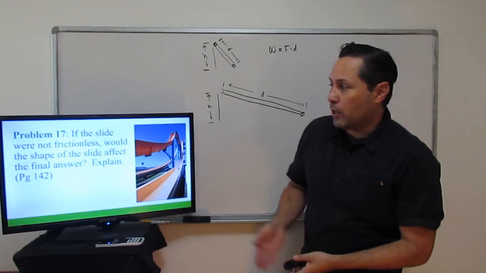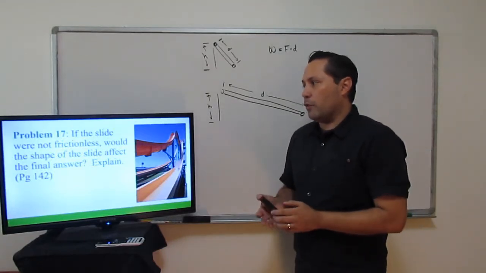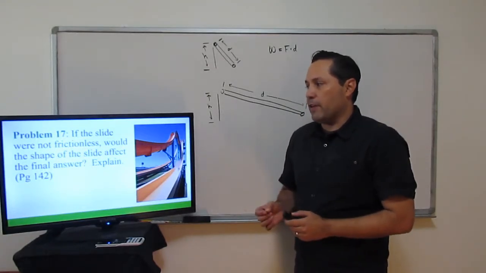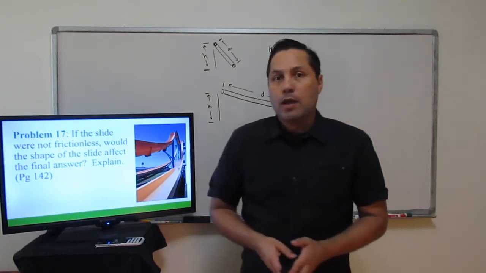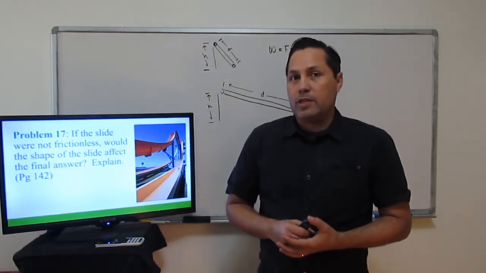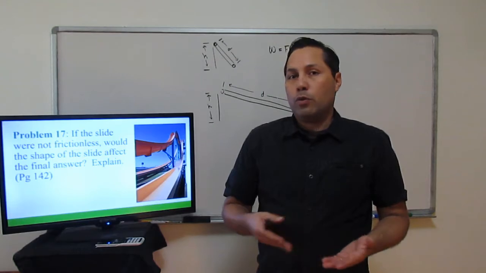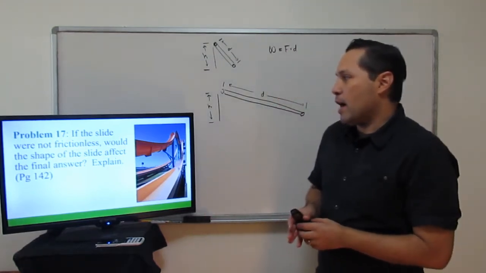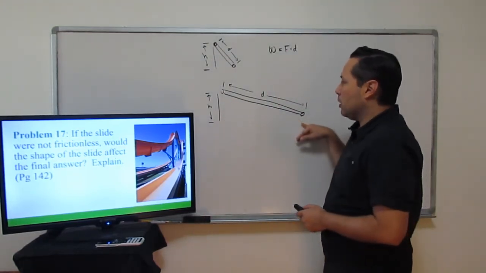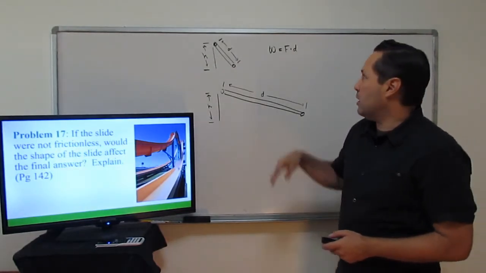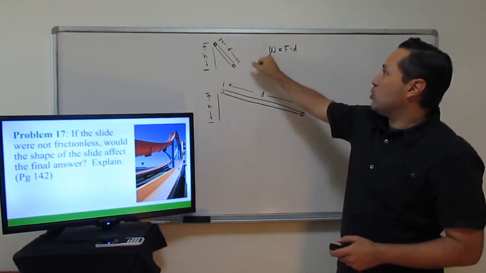In this problem they ask you guys, if the slide were not frictionless, would the shape of the slide affect the final answer, and explain why. If the slide were not frictionless, yes, the shape of the slide would affect it. If you have a longer slide, that would give friction the ability to do more work.